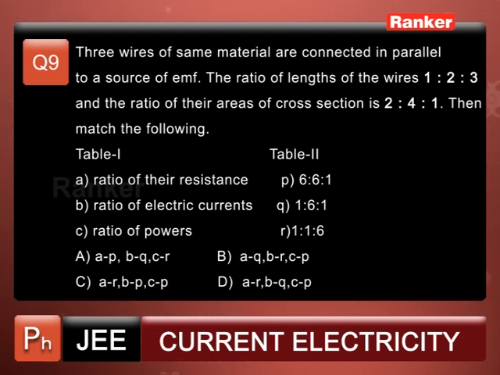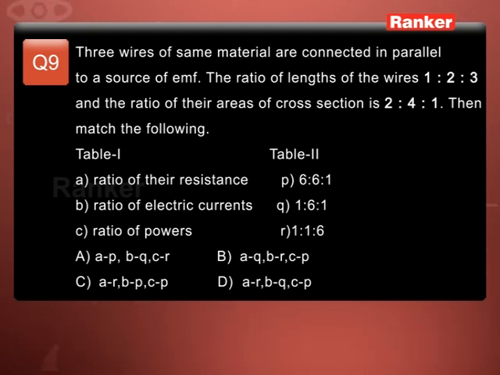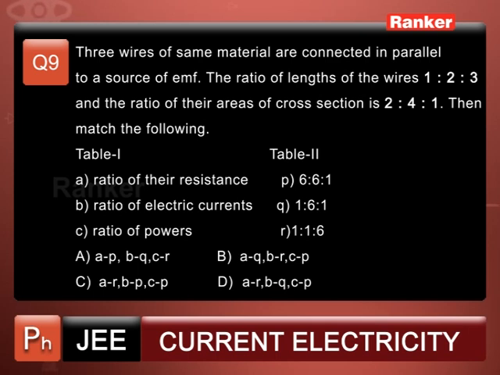That means all the 3 wires have the same specific resistance. That is the meaning of the wording same material. Are connected in parallel to a source of EMF. The ratio of lengths of the wires is 1:2:3 and the ratio of their areas of cross section is 2:4:1.